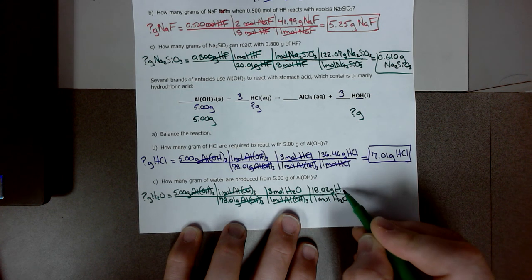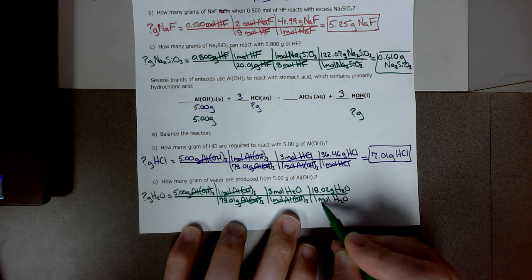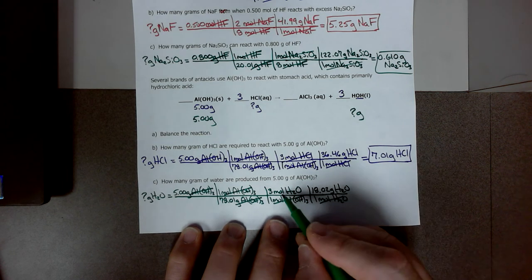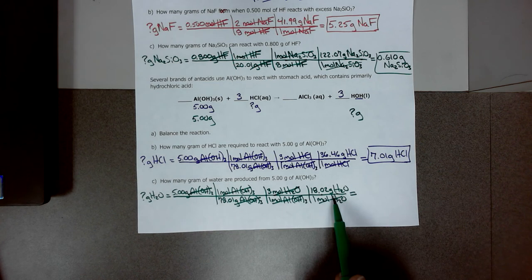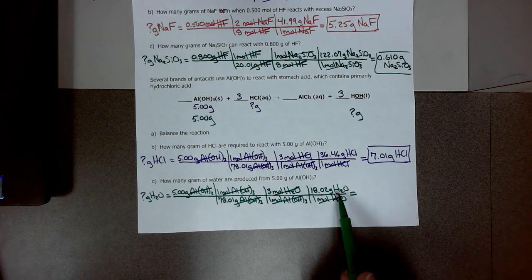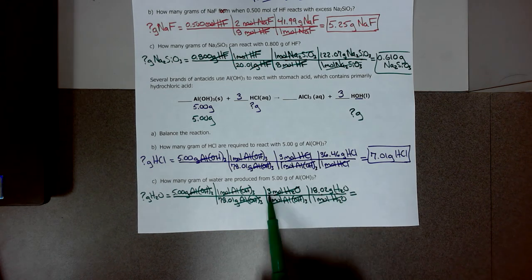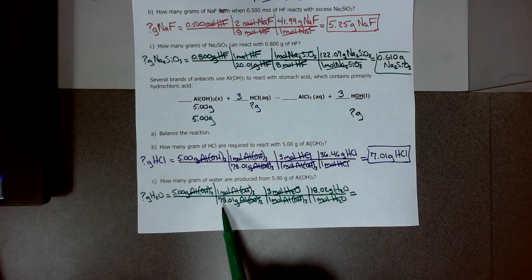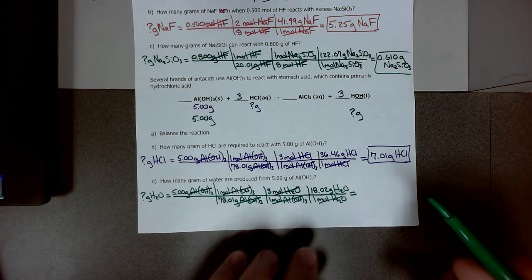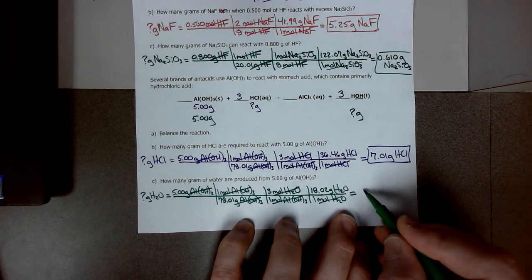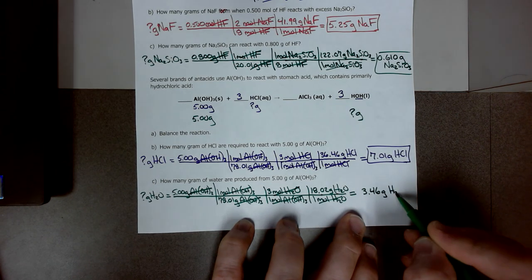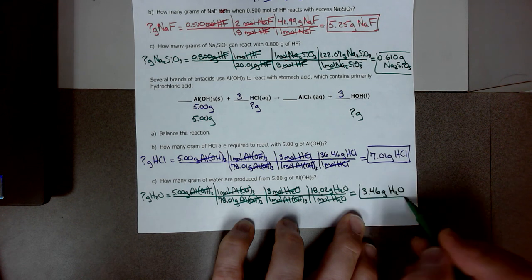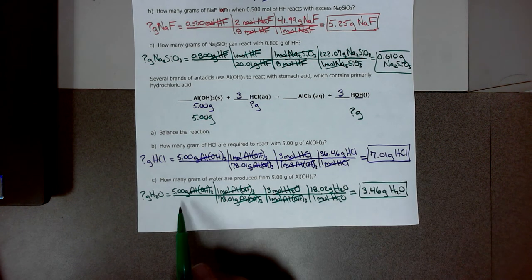That's the molar mass of water. Moles cancel, and so I'm looking for grams, and that's where I'm at. So it's 5 times 3 times 18.02 divided by 78.01, and so we would get 3.46 grams of H2O produced when I react 5 grams of aluminum hydroxide.